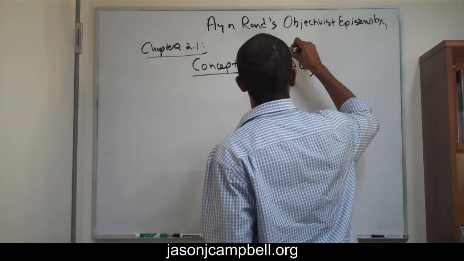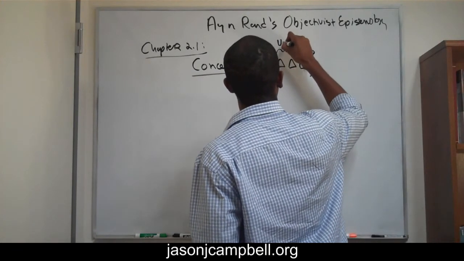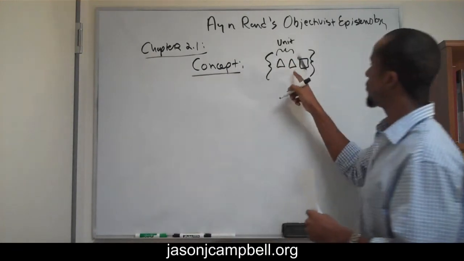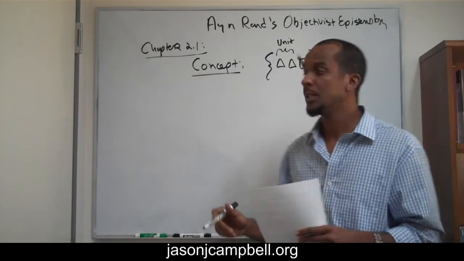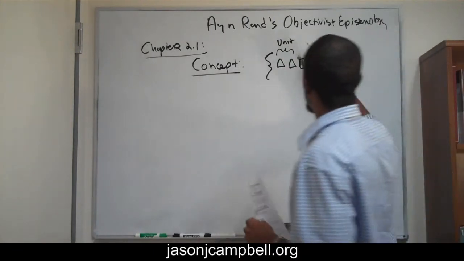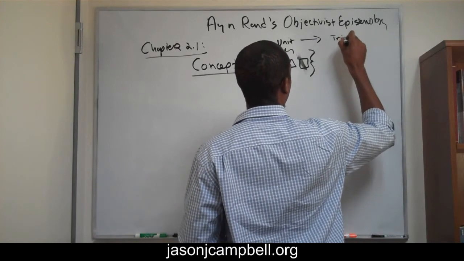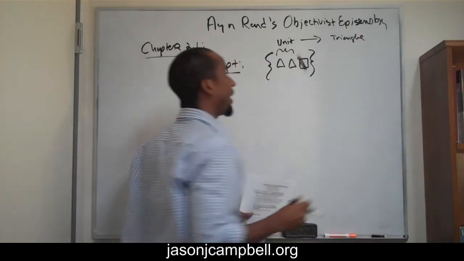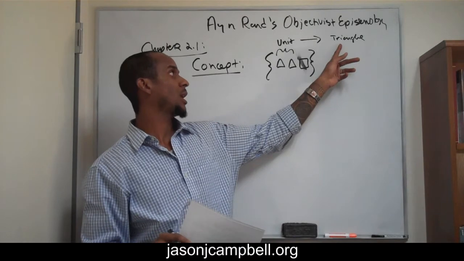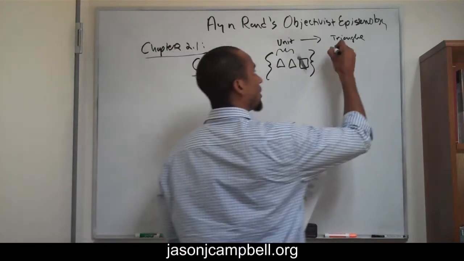And we recognize that these 2 triangles represent a unit. And from the unit, we're able to formulate the idea triangle. And we're able to justify this concept. This would be my concept.